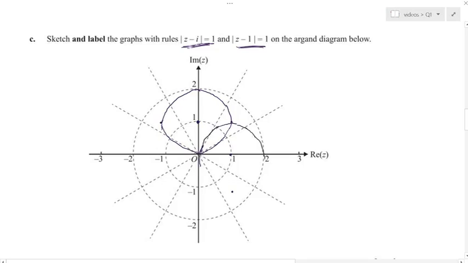All I'm doing is keeping in mind that the circle is always at a distance of 1 from its respective center. Obviously that is a circle. Now that one is my rule number 1, and this circle is this rule. You can see what it tells here. It says that the length of the vector z is always 1 from iota. So it's a circle, as already discussed in part B.